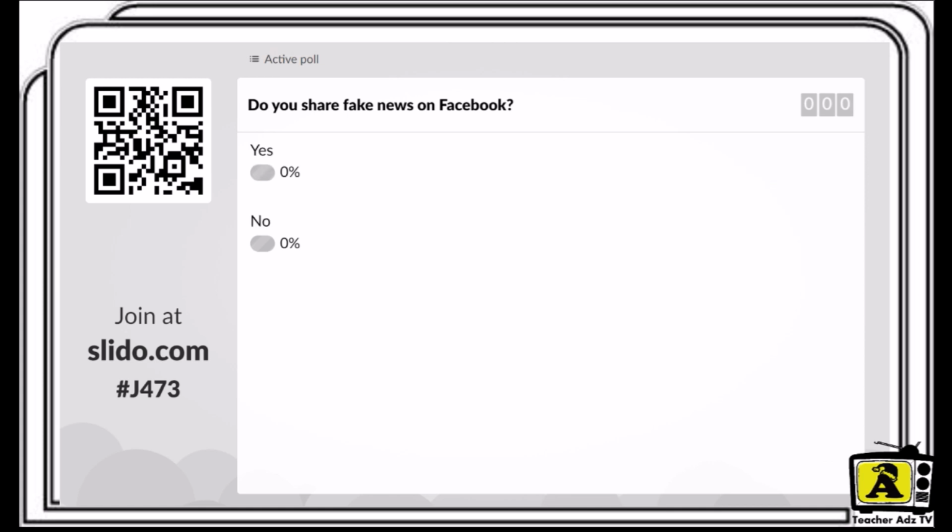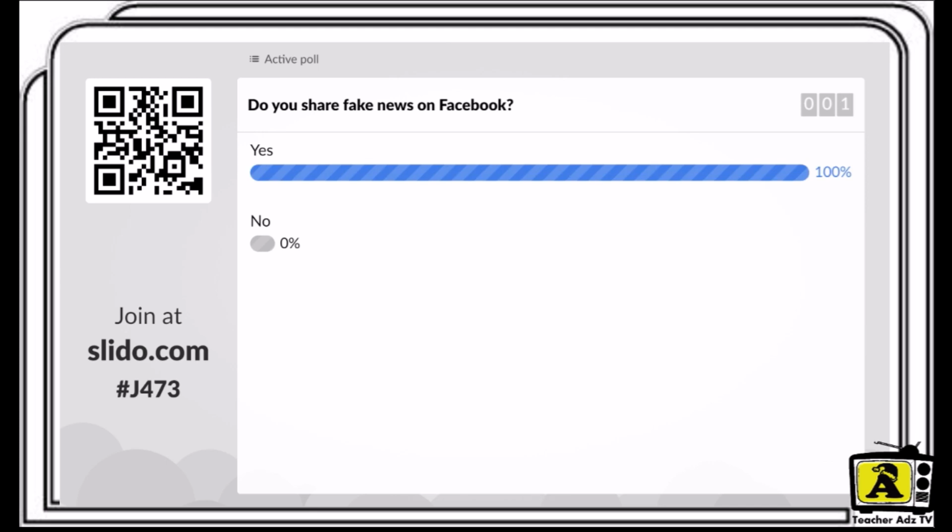Do you share fake news on Facebook? You may answer by going to slido.com and using the code J473. Oh, somebody answered yes. How about you? Do you also share fake news on Facebook? I hope you don't.